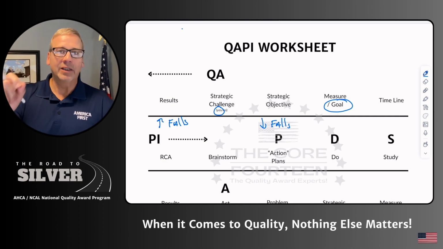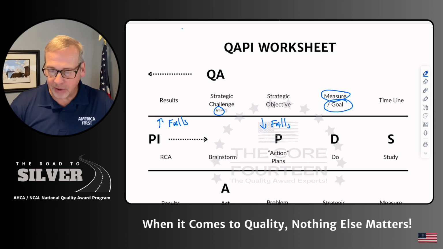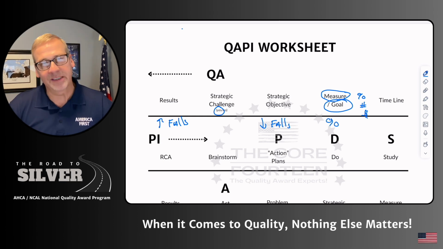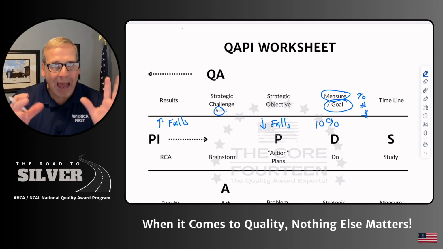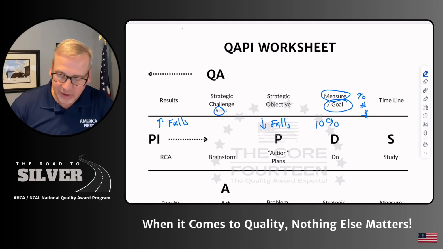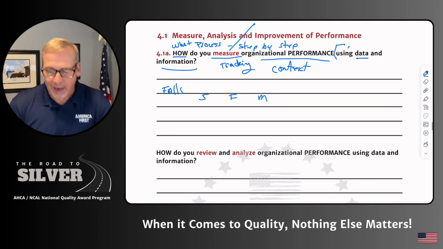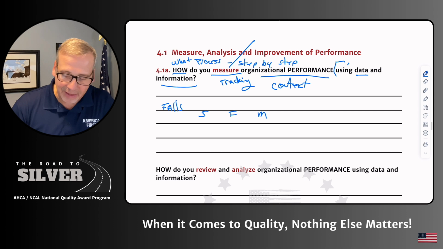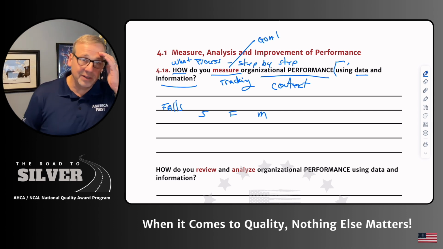When we're asking you about the goal, we're asking you about the measure. And the measure is usually a percentage, or a number, or a dollar amount, right? So in this case, for falls, we would say a percentage. And we would say we want to reduce falls by 10%. That would be the goal, right? Does that make sense? I don't want to muddy it up, but when I see the word measure, I always think of the word goal. I'm always going, okay, so what's the measure?